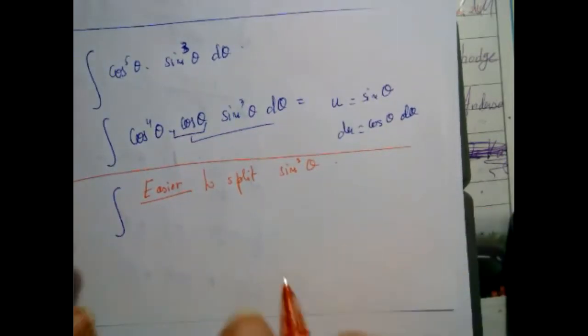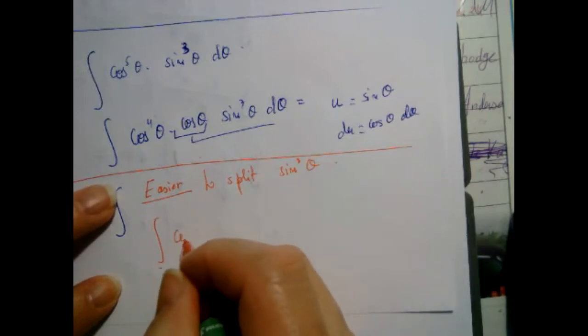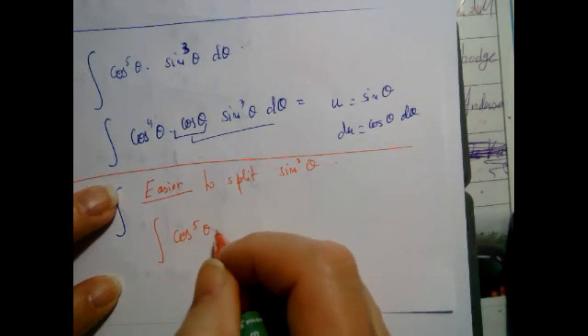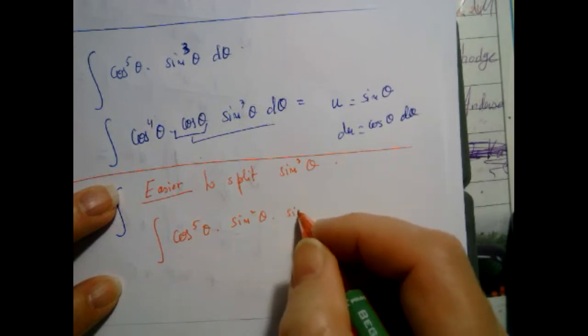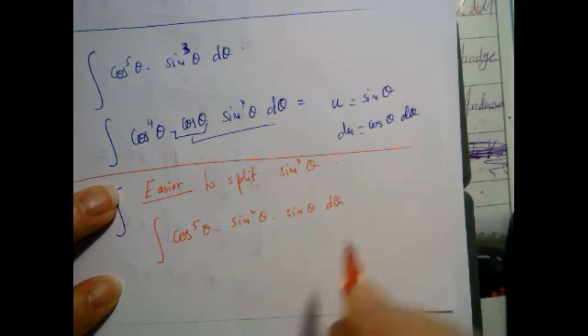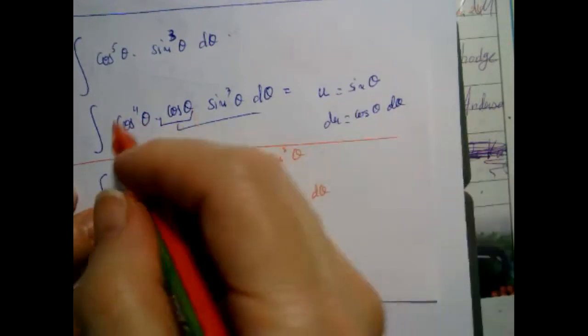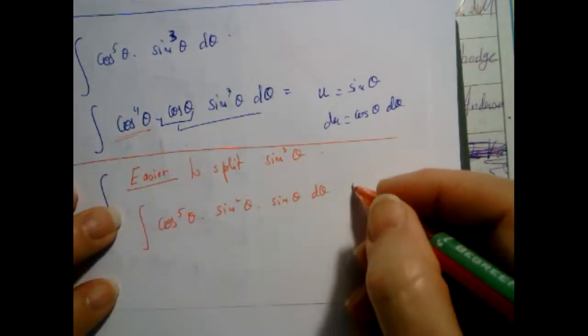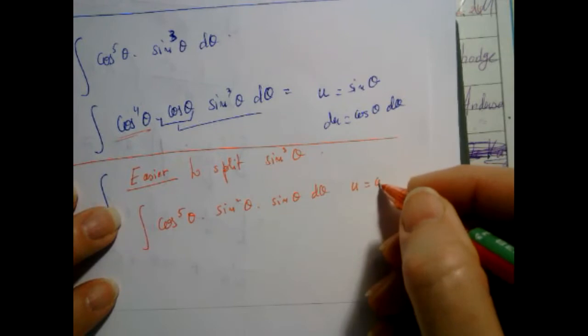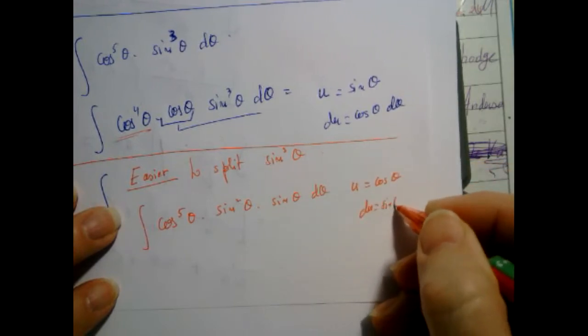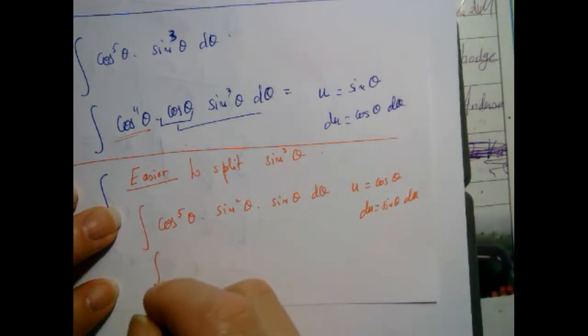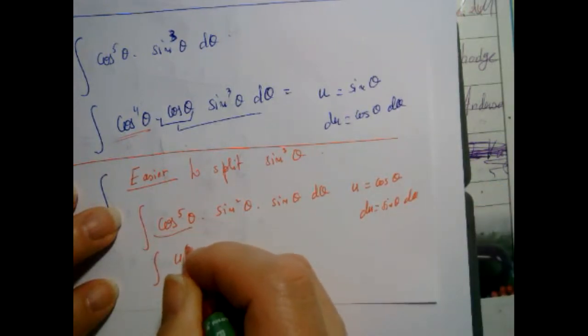Because if you split the sine, then you will have cosine to the 5 theta, sine squared theta, sine theta d theta. And then you won't have to deal with cosine to the 4. Then you can put u to be cosine, the du will be the sine, and this would give you u to the power 5.